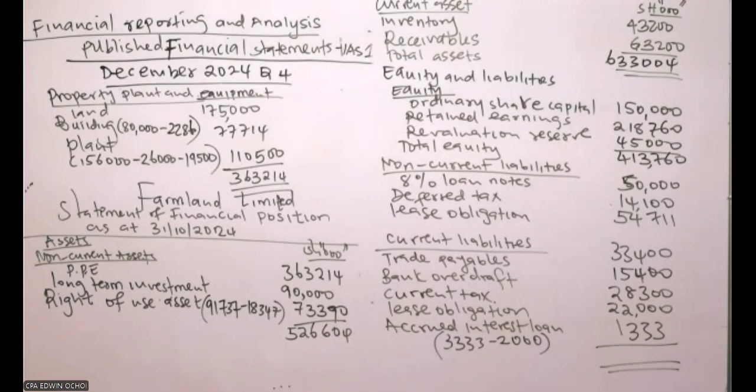So the total equities and liabilities is $633,004. Yes, it's balancing. So it's okay, everything's fine.